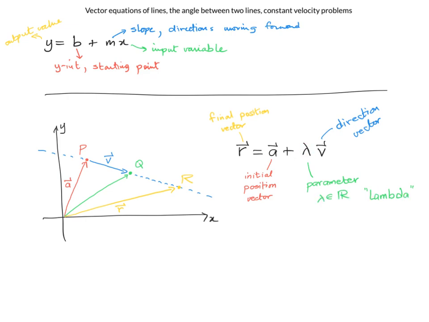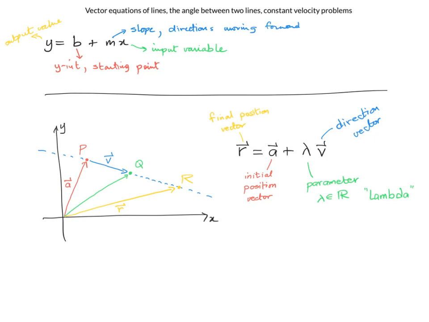Lambda has to be a real number. It's called a parameter. It's kind of like using x, except it isn't x, because x and y are now in the R, the V and the A, since they're vectors pointing in both x and y directions. So you have to use a different parameter or variable here, which we're going to call lambda. So the final position vector equals the initial position vector plus the parameter times the direction vector.